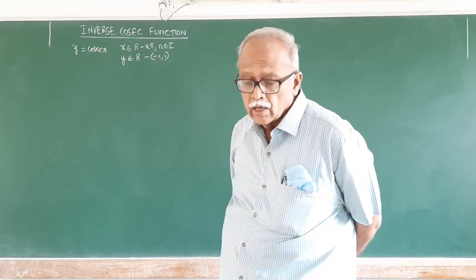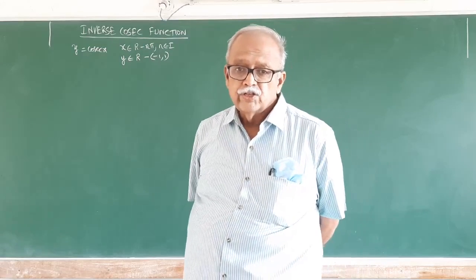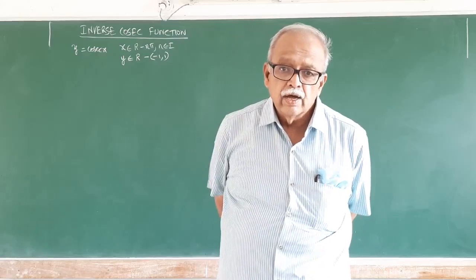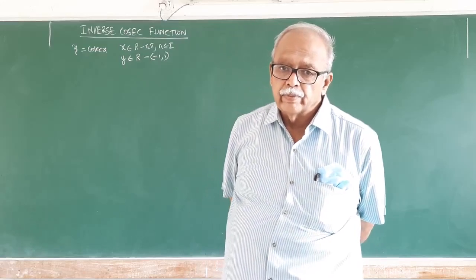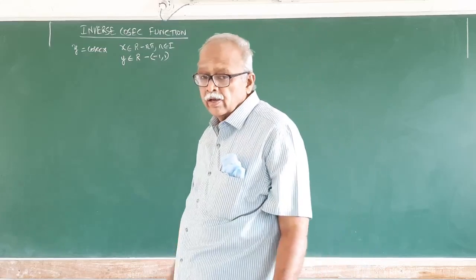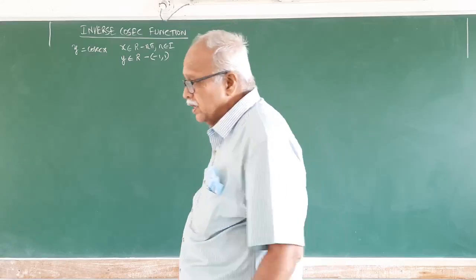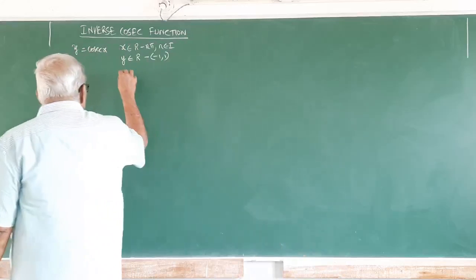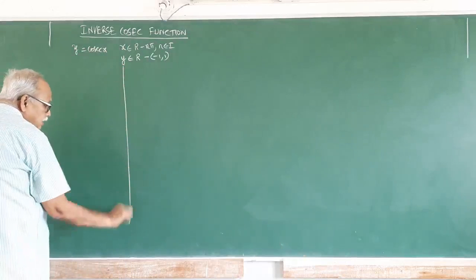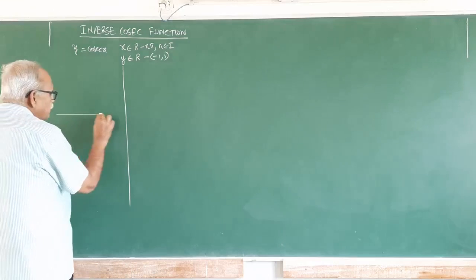Now we will draw and find out the principal value branches, where cosecant x behaves as a one-to-one and onto function. Now let me draw the cosecant x function.